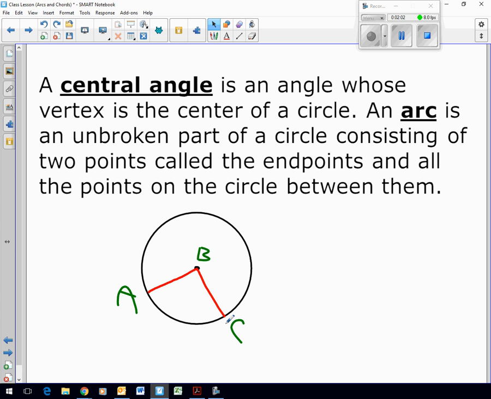An arc is an unbroken part of a circle consisting of 2 points called the endpoints and all the points on the circle between them. It's a really fancy way of saying this. If I went from A to C along the rim of the circle, that would be arc AC.